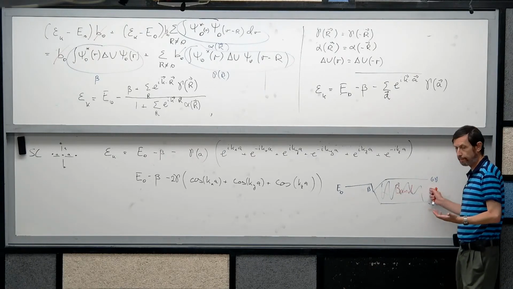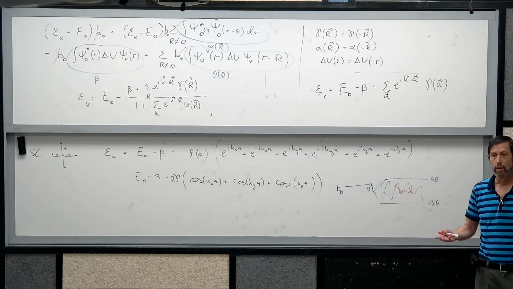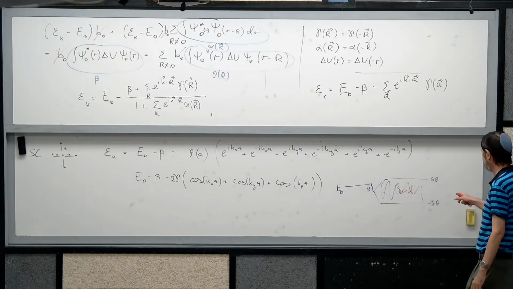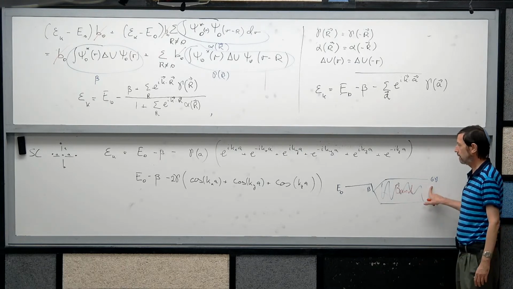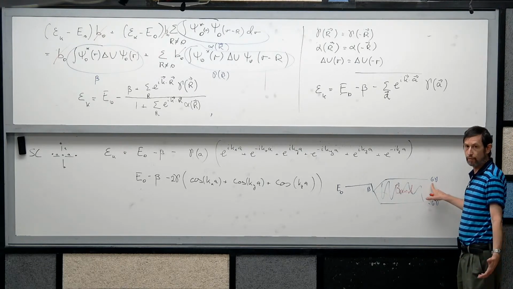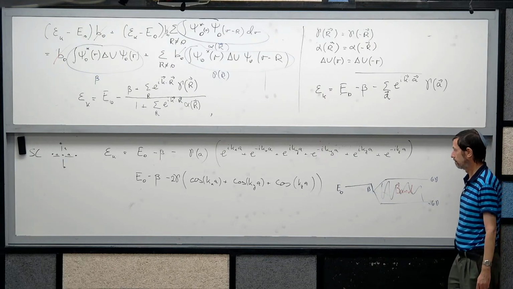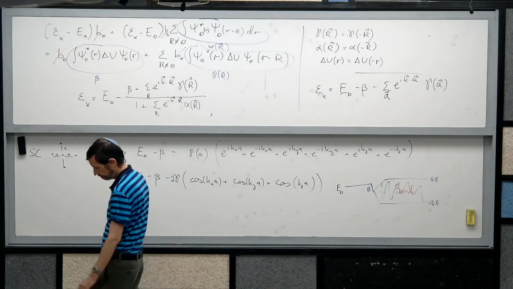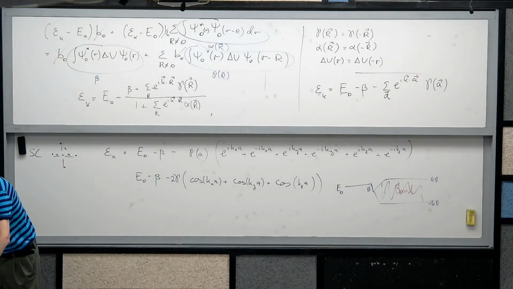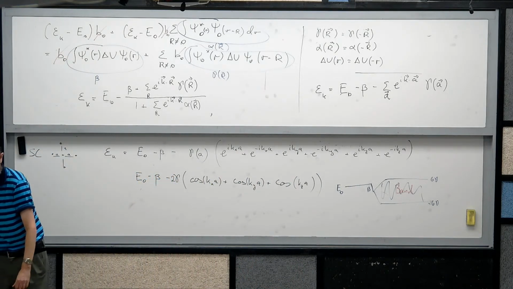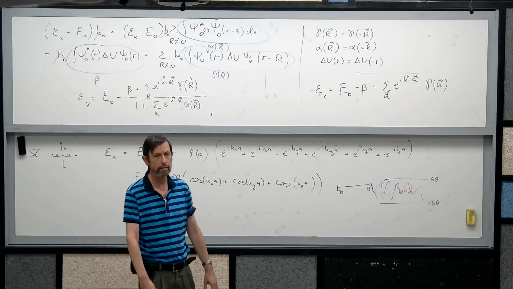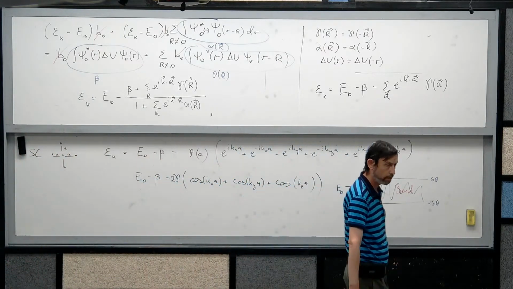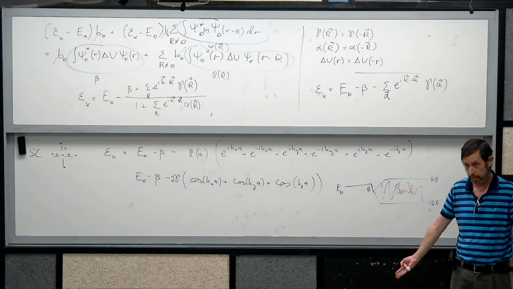Let's say if it would have been a square lattice in 2 dimensions, we would have here between 4 gamma and minus 4 gamma. If it would have been a one-dimensional system, it would have been between 2 gamma and minus 2 gamma.